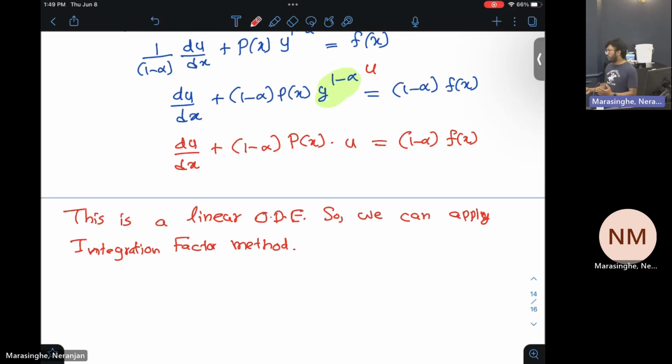So we can solve for u, but then we know that u equals y to the power 1 minus alpha, so we have to do the back substitution. That is the idea behind Bernoulli's trick. So what is the integrating factor in this case? The exponential of the integral of (1 minus alpha) times p(x) dx.